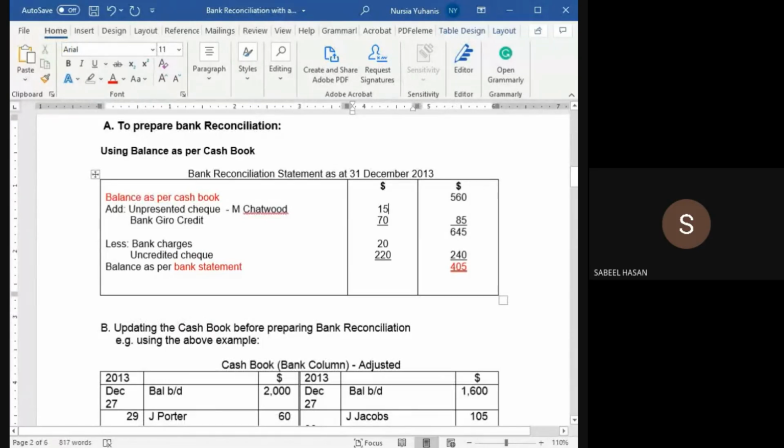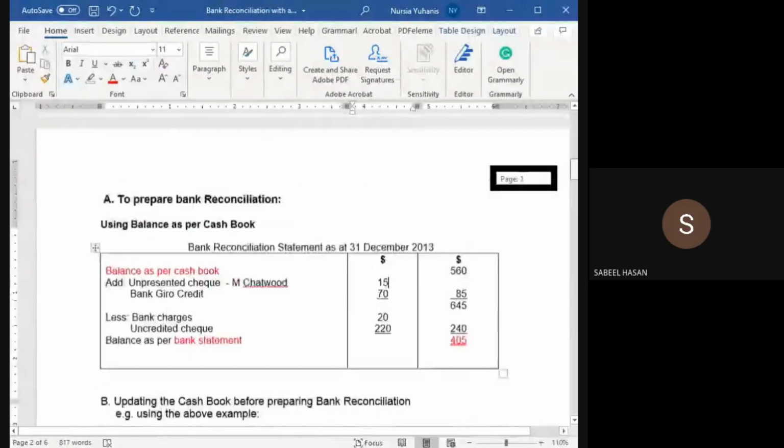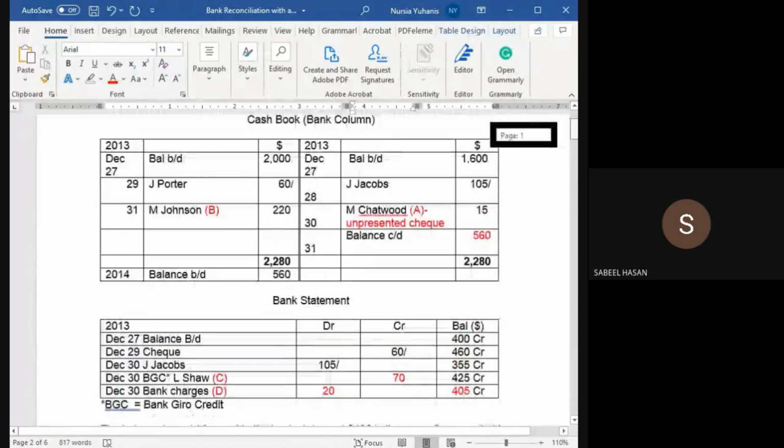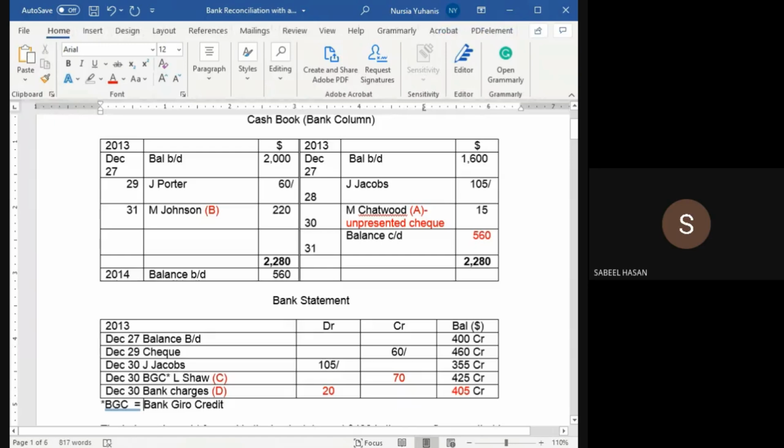Okay, and then we add one more item in your bank statement. Okay, in your bank statement, let's go to your bank statement. Here, we tag the $70. BGC, you refer here, BGC is Bank Gyro Credit. Okay, meaning you have used your internet banking. Okay, if you transfer money, then they will have either instant transfer or bank gyro or IBG.